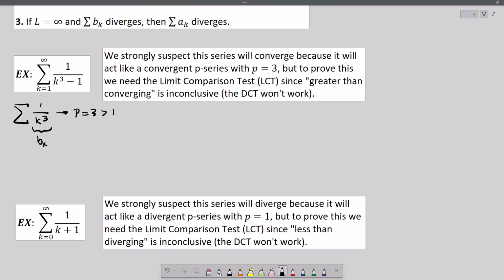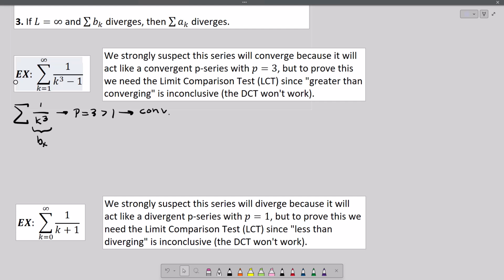P is 3, which is greater than 1, which tells you convergence. And you can see, hopefully now, why the direct comparison test is not going to work. Because this series has smaller denominators, so it has bigger fractions. This series converges. This a sub k is not going to be less than the b sub k's. So the inequality is not going to work.